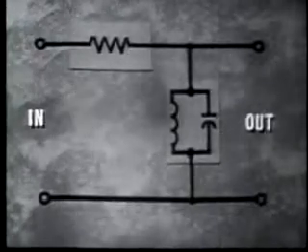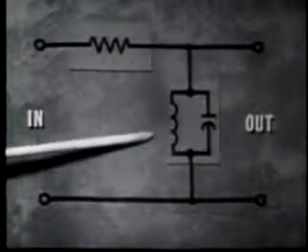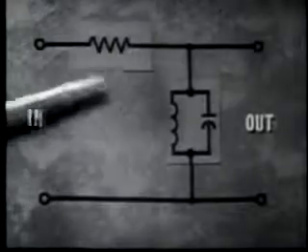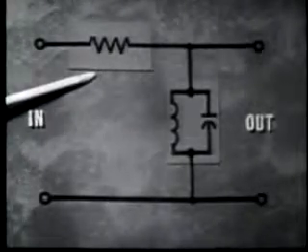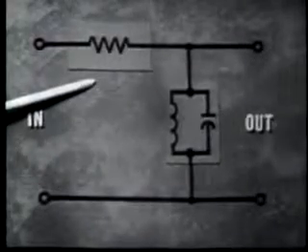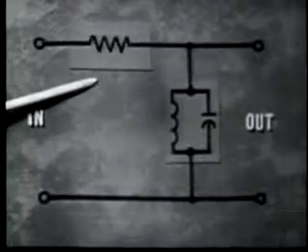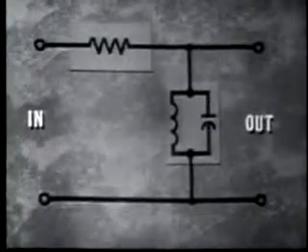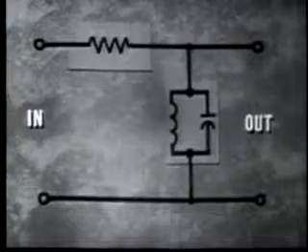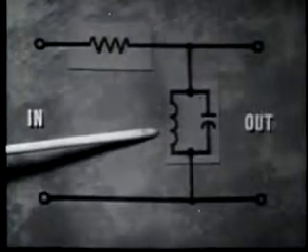Since we only want to determine its effect on the input frequency, we'll use a resistor in the series position of the filter, because the resistor is not a frequency-sensitive component and it'll have no effect on the input frequency. Thus, any frequency effects we see in the output must be due to the action of the parallel tank circuit.